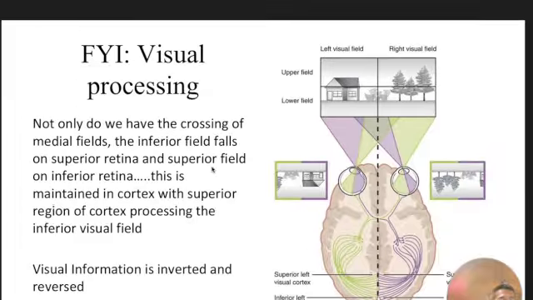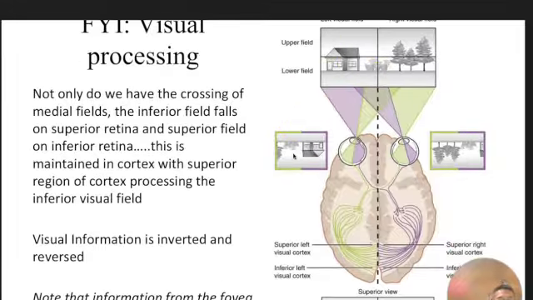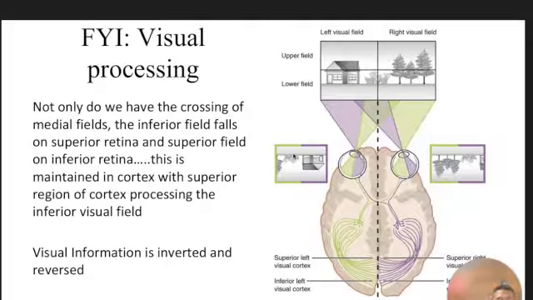So they did an experiment one time where a guy was wearing goggles that flipped his vision over. Okay, so up is down and down is up. And then after a while, his brain actually adapted. So it rewired everything.